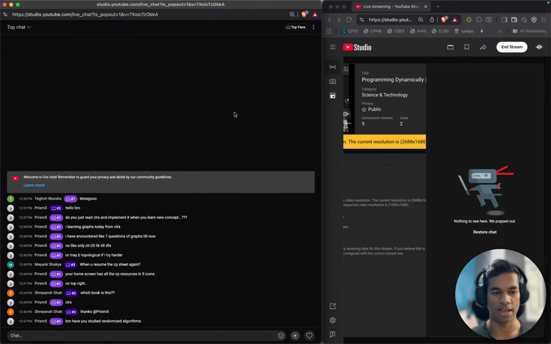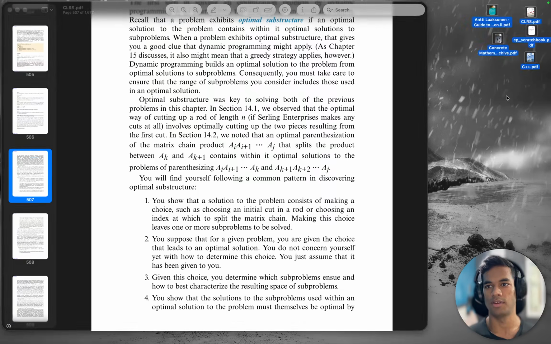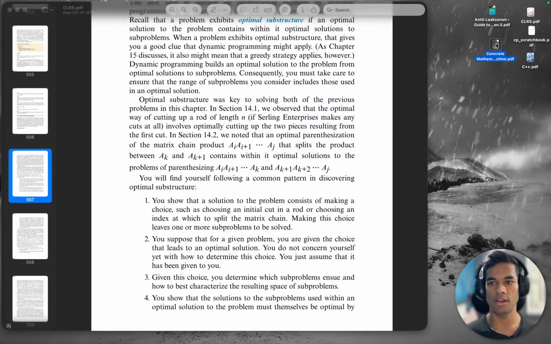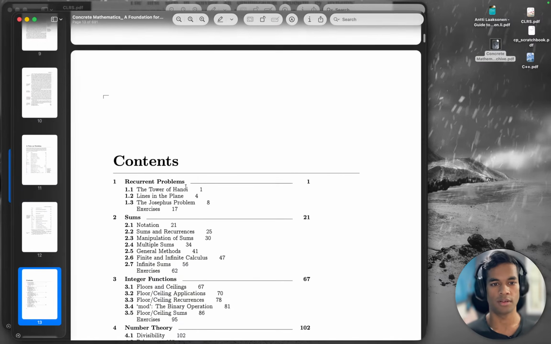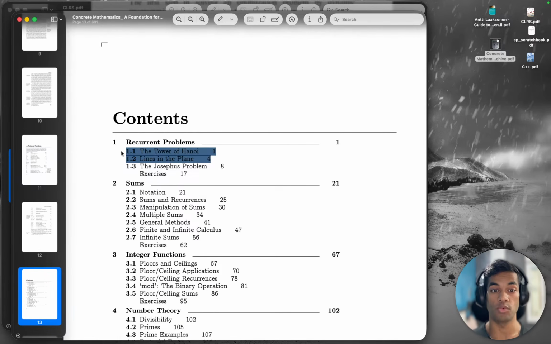I don't know specifically about randomized algorithms, but they are something like this. And yep, these things are amazing. Concrete mathematics is pretty cool. If you just read the first chapter, it is pretty amazing. It has Tower of Hanoi, lines in a plane. I've read these two and they are pretty cool.